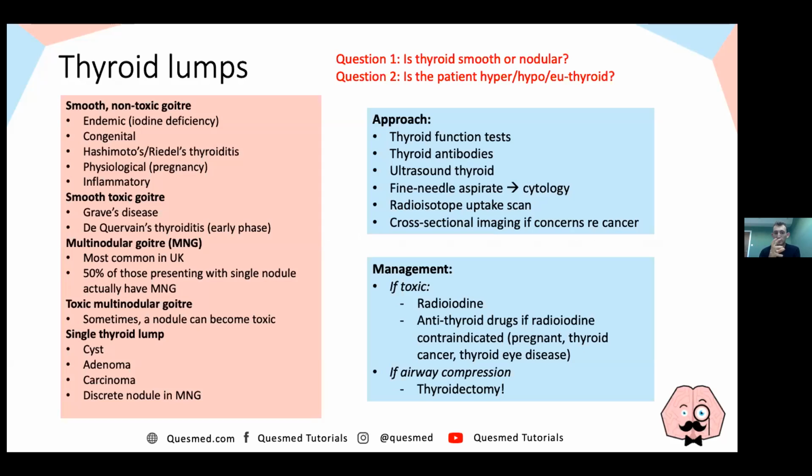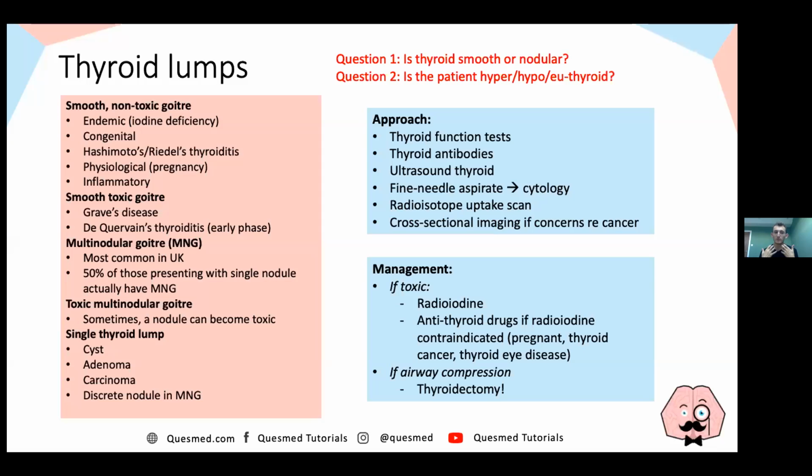So in terms of different types of thyroid lump, when you're thinking about thyroid lumps, first of all, it's important to think, is the thyroid smooth or is the thyroid nodular? And then it's important to think about the patient. Is the patient hyperthyroid, hypothyroid, or euthyroid?